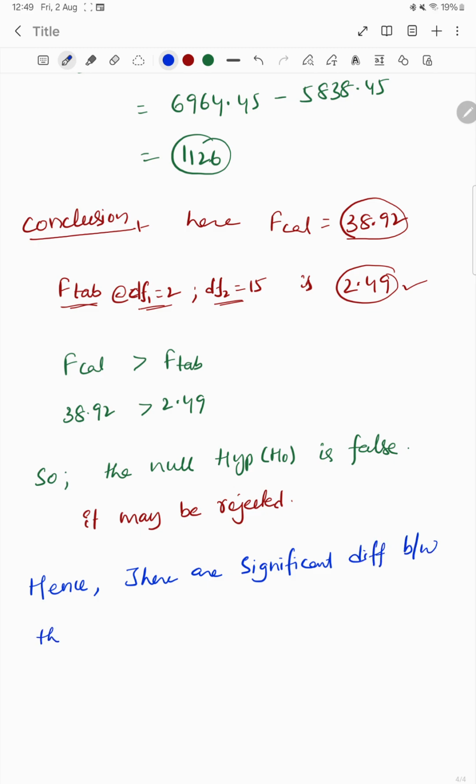There are significant differences between the average strengths of the ropes. So this is our final answer.